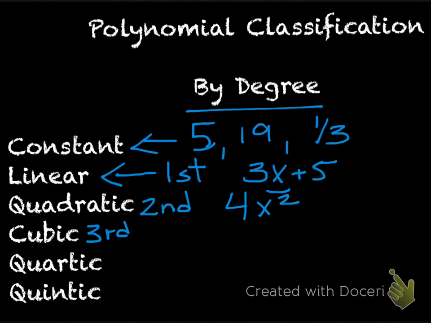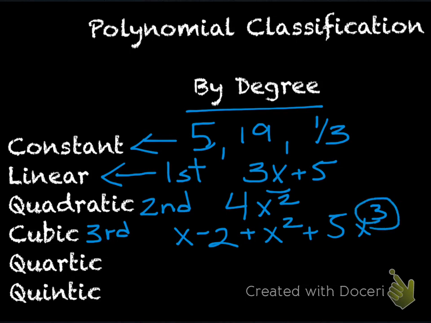So I could say x minus 2 plus x squared plus 5x cubed. There is a polynomial, a 4-term polynomial. Highest degree is a cube. It's a 3, and so we refer to it as a cubic polynomial because its highest degree is a 3. It's a third degree polynomial.